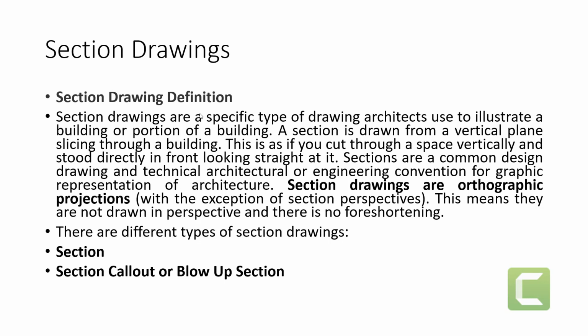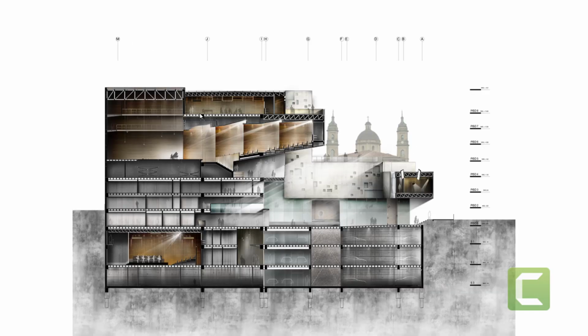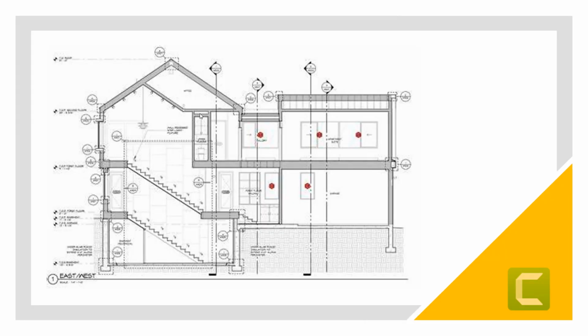A section, by definition, is the reverse of a plan. It is an orthographic projection of you cutting vertically instead of horizontally. What that looks like is you're cutting the building in half like a slice of cake, and you're looking inside, right? So this is what it looks like on a full building scale.